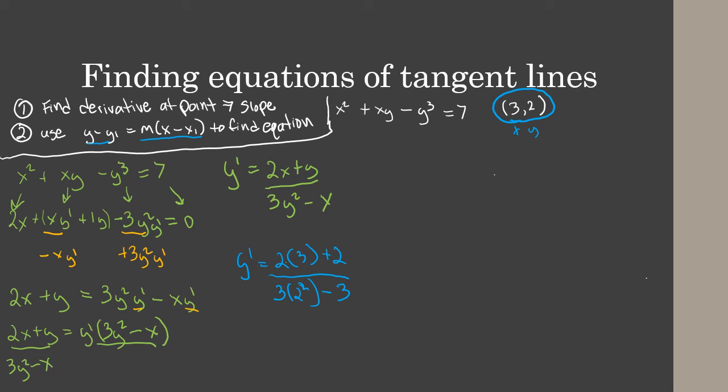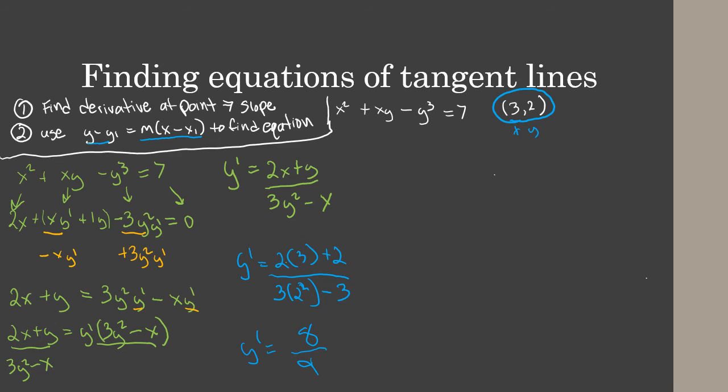Now 2 times 3 is 6, plus 2 gives us 8, and then 2 squared is 4, 4 times 3 is 12, 12 minus 3 is 9. That's our derivative, or our slope, at that point.